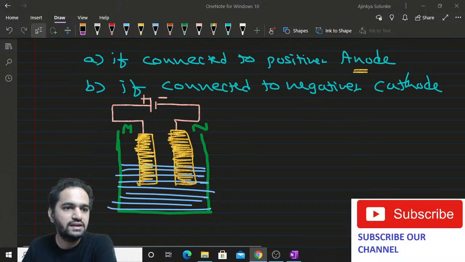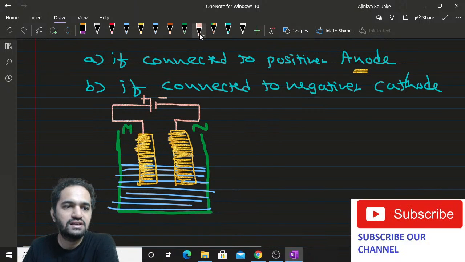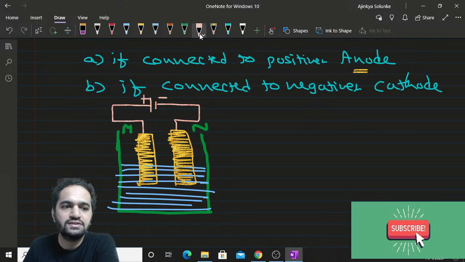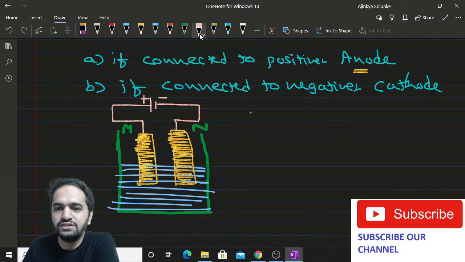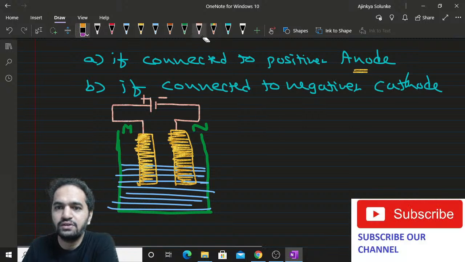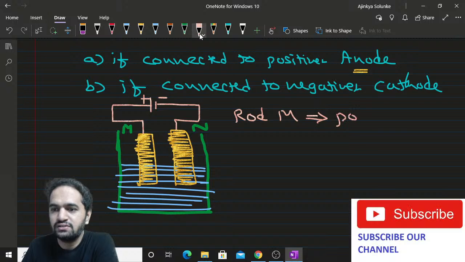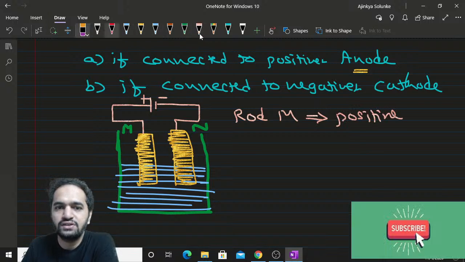Exactly. So in this case, rod M is connected to positive.